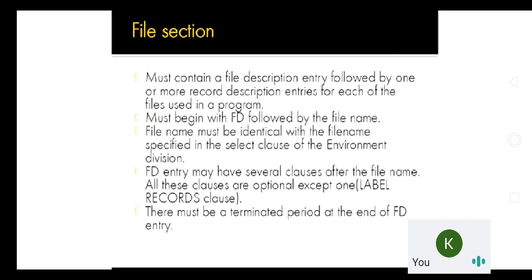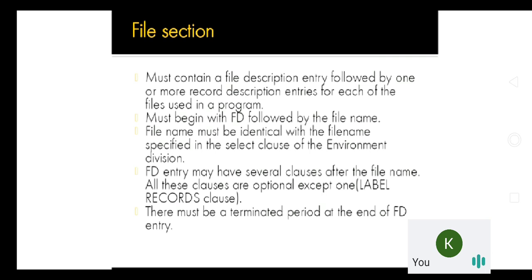So the file section must begin with a file description. The file description entry is always specified with two capital letters: FD, which denotes the file description entry. Along with the FD, you specify the file name that you're going to use, and along with the file name, you mention various optional clauses.